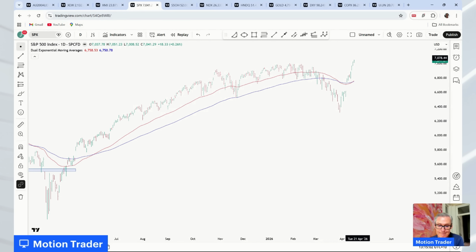Well, the first point is that prices have quickly gone from below those moving averages to above the averages. And this is important. It's something we often discuss. We just talked about it with the ASX 200 materials index.